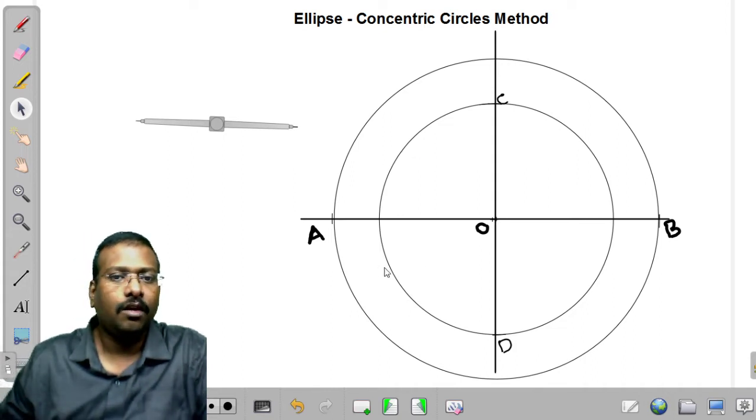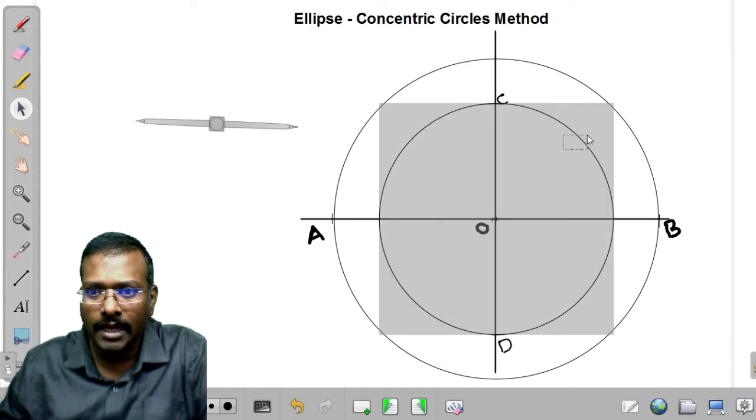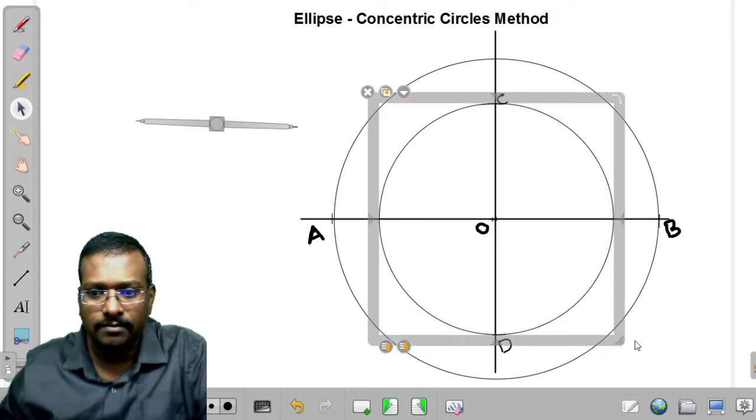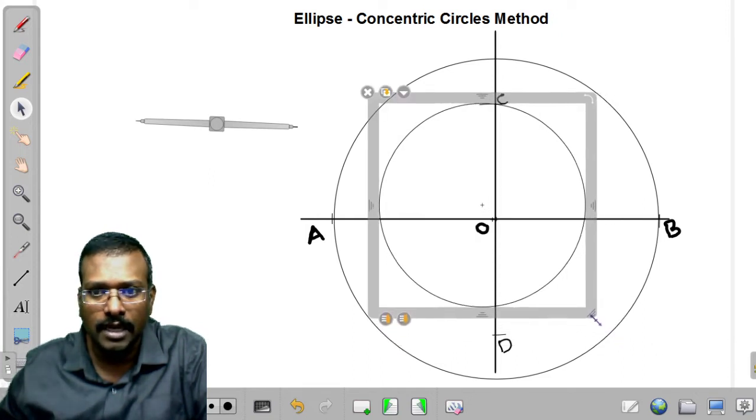Now, for good clarity, I am reducing the size of the smaller circle.